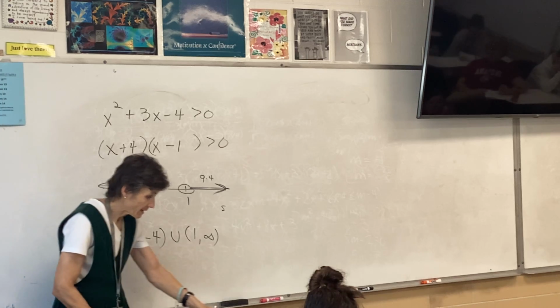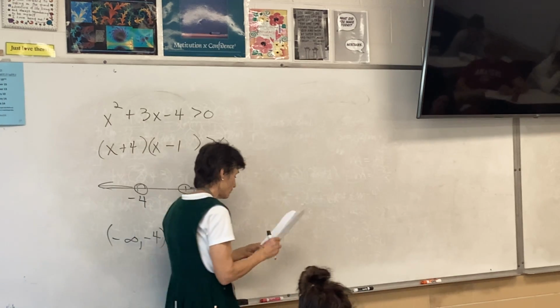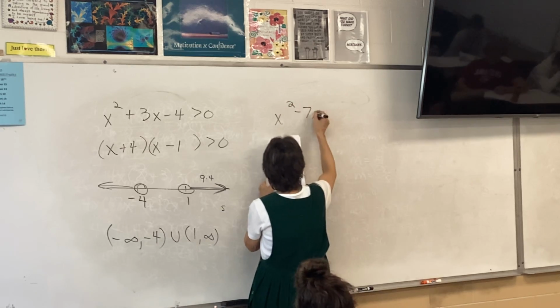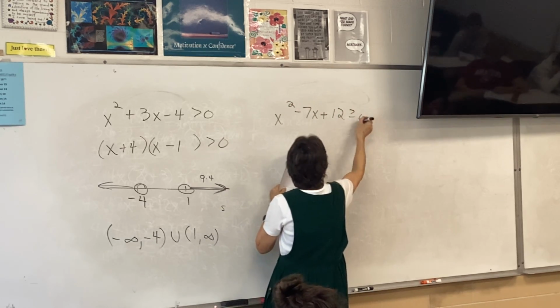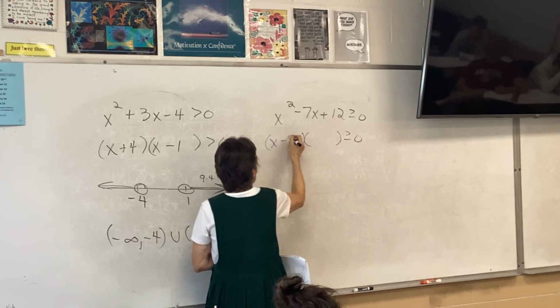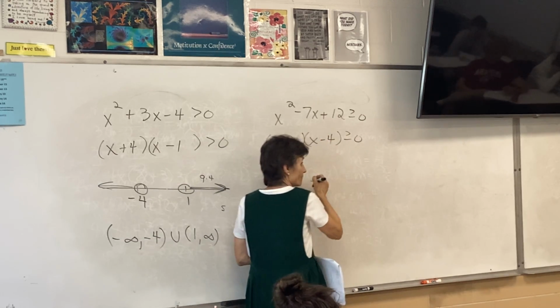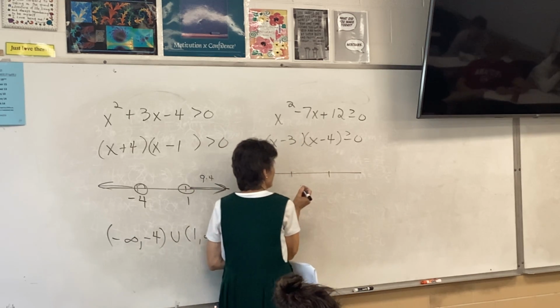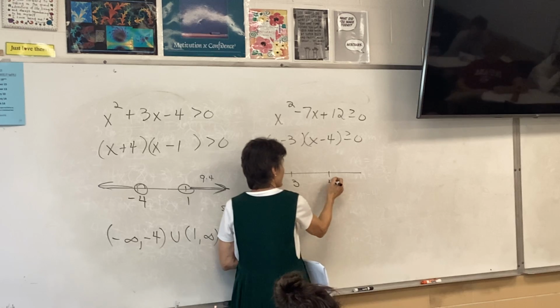All right, how about the next one? What are you gonna do first with this guy? Factor. Yep, and again, it's a pretty simple one to factor. What are our factors for this? x minus 3, x minus 4. So where will the dots go on my number line? +3, +4.